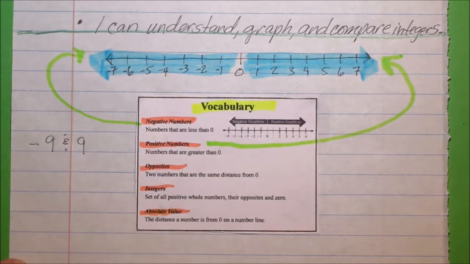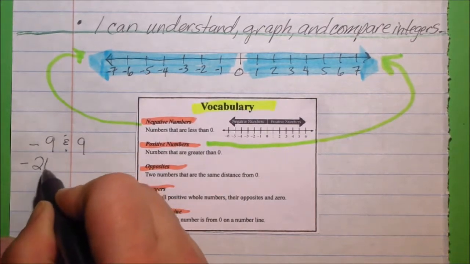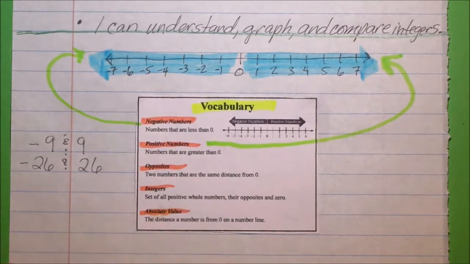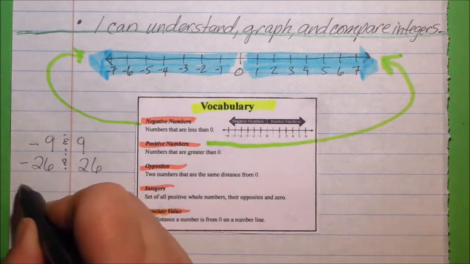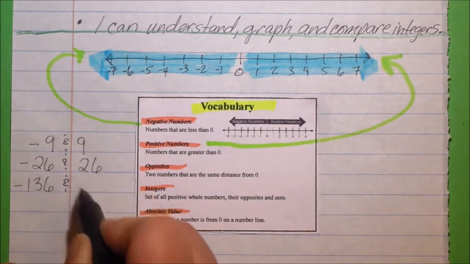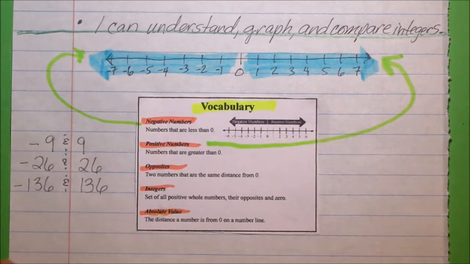They both are the same distance from 0. If I have -26, then its opposite is 26, positive 26. If I have -136, then its opposite is 136. Both of them would be the same distance.